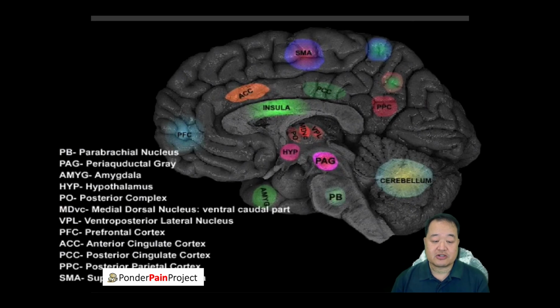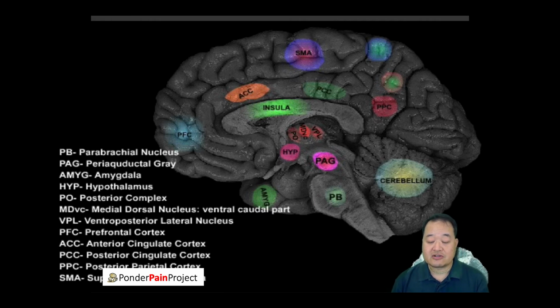Now, if you look at this picture, you'll start to see where these areas are located. We see the thalamus, which is located right under, or near, that structure that says the hypothalamus. See the HYP, underneath that is the hypothalamus. You'll see the periaqueductal gray. Those are the areas we talked about where the C fibers go.